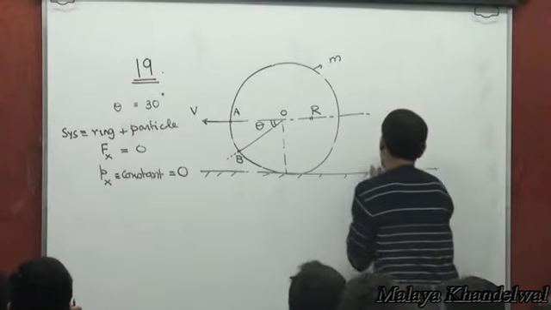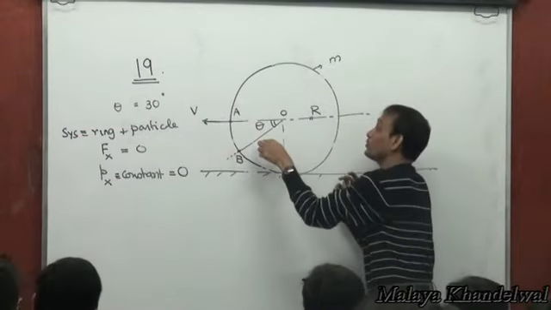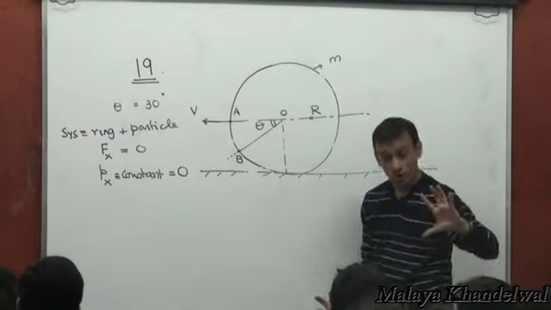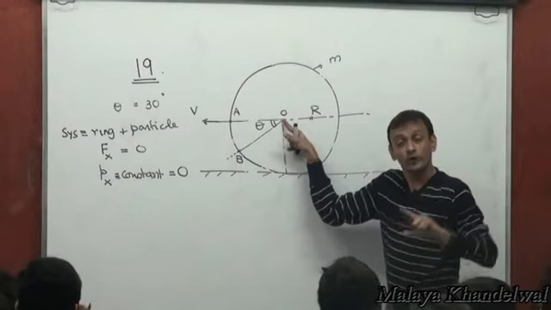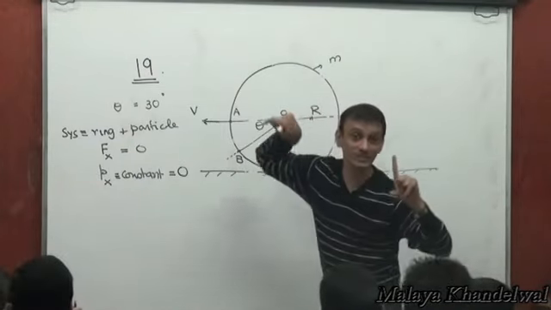However, the trajectory of the particle as seen by a ground observer will not be a circle, because there will be a combination of this motion plus the motion that it has common with the ring. So with respect to an observer here, the motion of this particle will be along this circle. Are you okay with this?